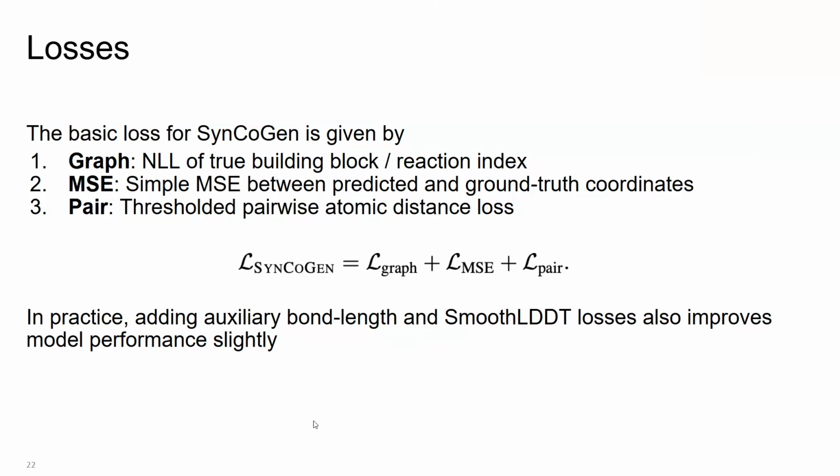When you put all of the losses together, especially when some of them encode the same information, did you have to tune how much to scale each loss very carefully? Yeah, we did. In particular, if we did have the pairwise loss, we either wouldn't use smooth LDDT or we would weight it very low, because otherwise we would have pairwise distance weighted double everything else.